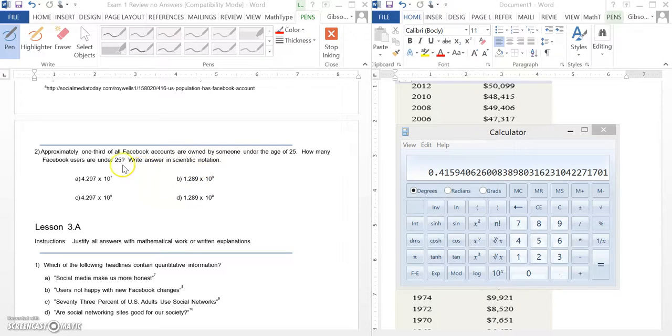Even though it's not stated here, we're going to go on the premise that we're talking about American users. So it's 1/3 of all American users, and we know American users are 128,900,000, as stated in a previous problem.